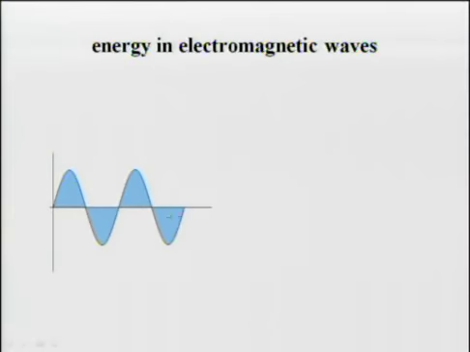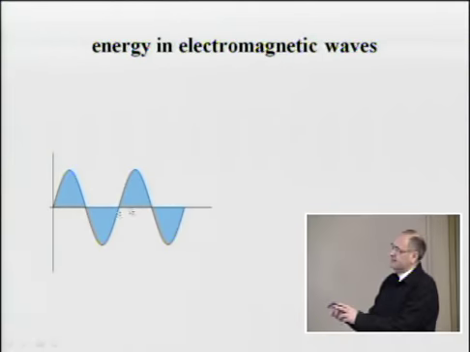All right. So now I will make a digression, and in order to actually see effects of interference and diffraction, I want to come back to the energy carried by electromagnetic waves. So let's say that this is a plot of the electric field of a wave which travels to the right.